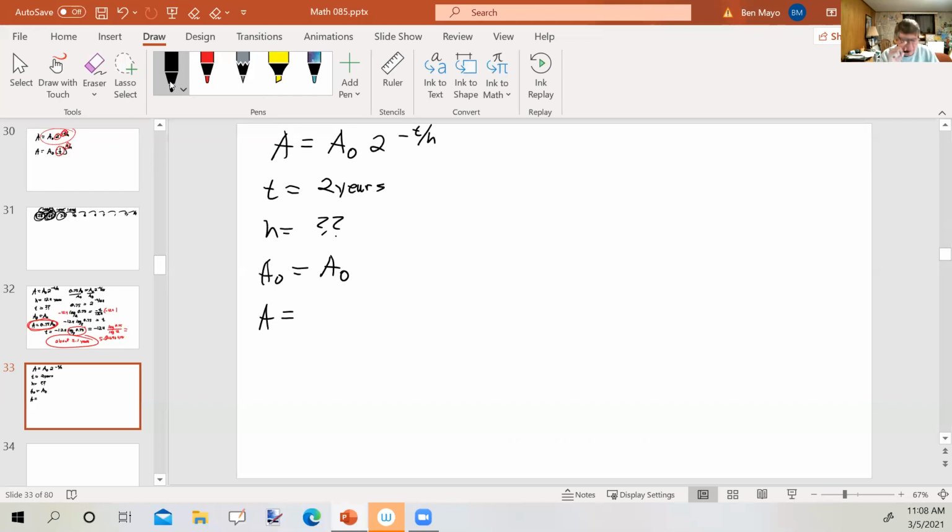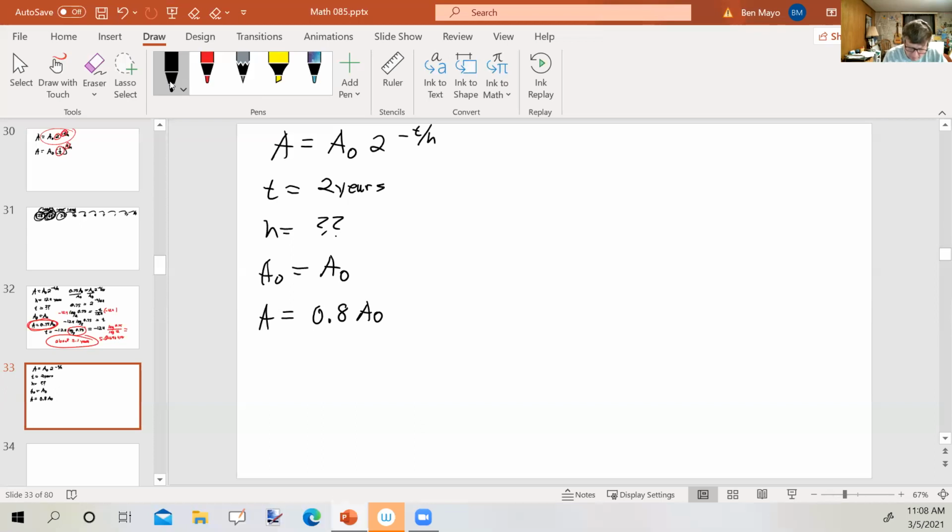We don't know the ending amount, but we know 20% decays. So if 20% decays, 80% remains. So the ending A is 80% of A naught, which would be 0.8. So here's another case where we've got to write A in terms of A sub 0. Okay with that?